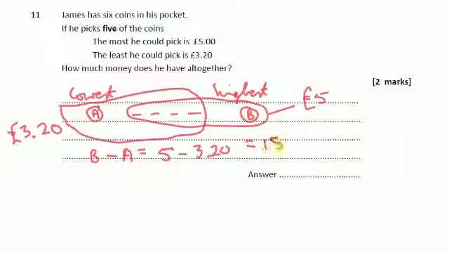So the difference of 2 coins is £1.80. Can you think of 2 coins which have a difference of £1.80? The only answer is if I have B to be a £2 coin and A to be a 20p coin.